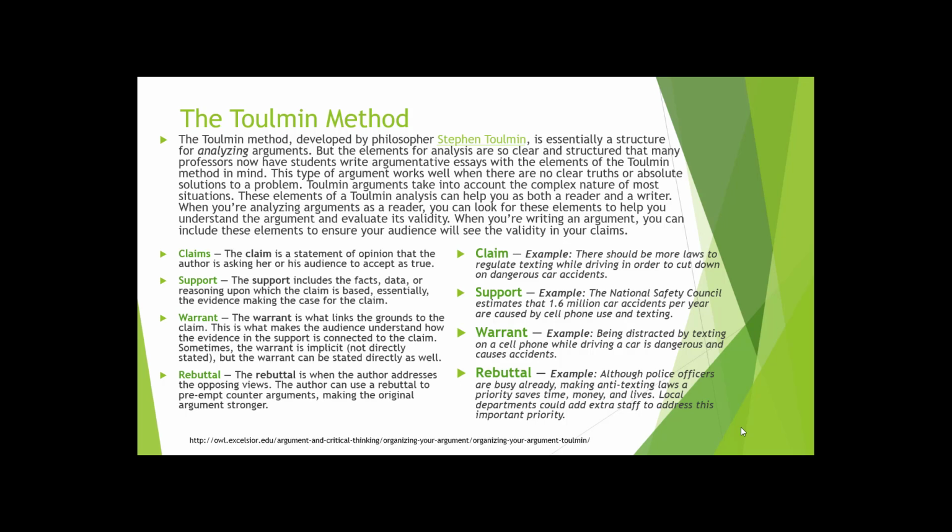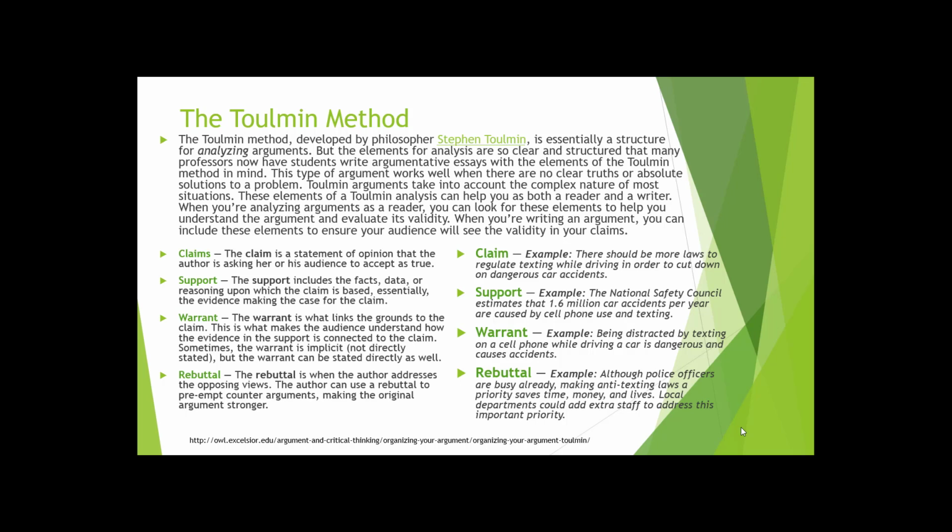Example, the National Safety Council estimates that 1.6 million car accidents per year are caused by cell phone use and texting. The warrant is what links the claim and the support, right? We talked about that a little bit in the last lesson.